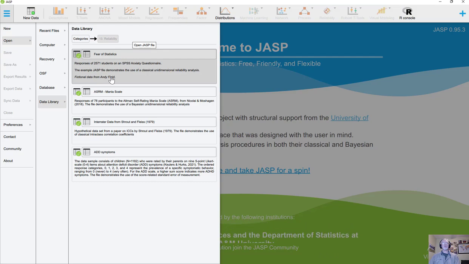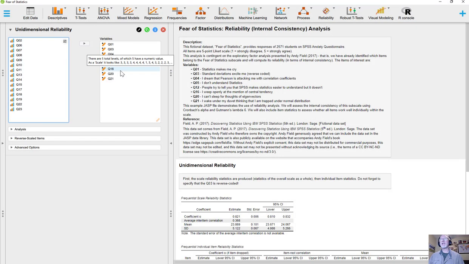The data set that we're going to open is a made up data set by Andy Field on anxiety about using SPSS and statistics, with items such as statistics make me cry.